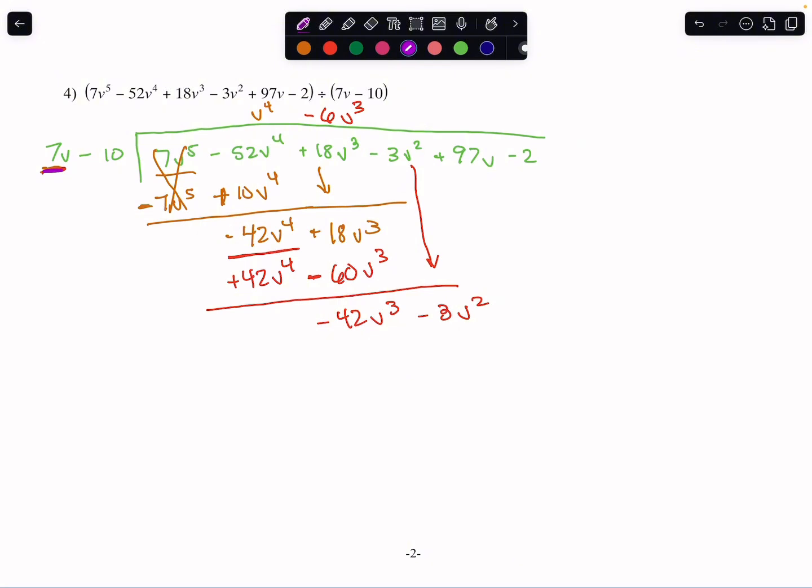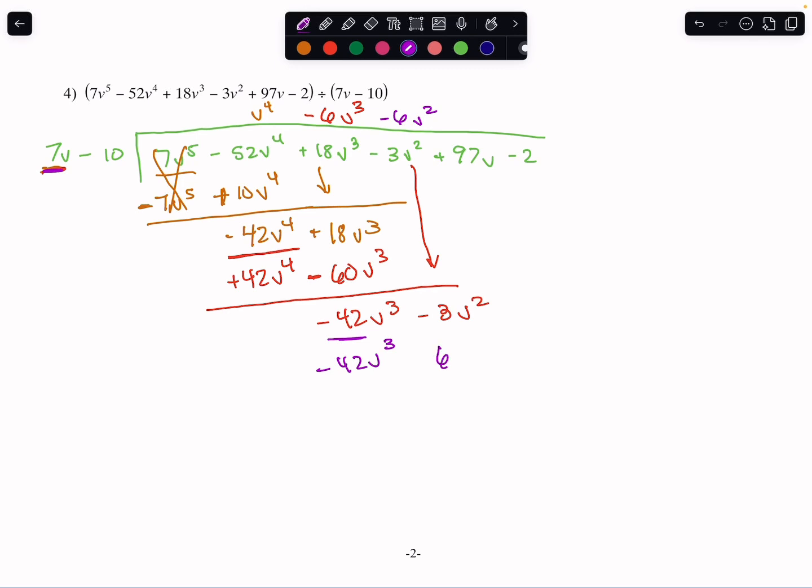And then negative 6v squared times negative 10 is going to be a positive 60v squared. Go ahead and change those signs. This disappears. Negative 3v squared minus 60v squared is negative 63v squared.